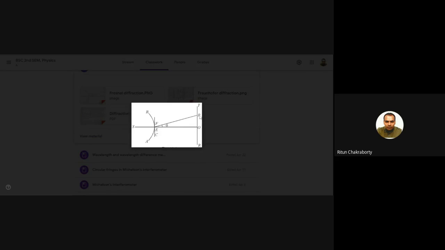When is theta equal to 0? When the light travels along a straight path, that means the angle between PE and EO is 0. In that case, cos 0 means 1, so 1 plus 1 will be equal to 2. That is the maximum value of the obliquity factor.